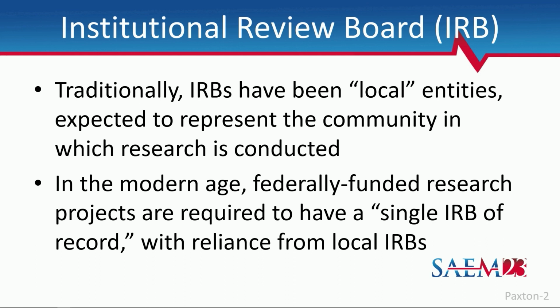And so rather than allowing local IRBs to regulate research, what the federal government has decided is that they are going to start trying to effectively force researchers to have a central IRB, which is to say that rather than having my local Detroit IRB approve a study that's multi-center, they want to have it approved by a third party for all sites with reliance from the local IRBs.